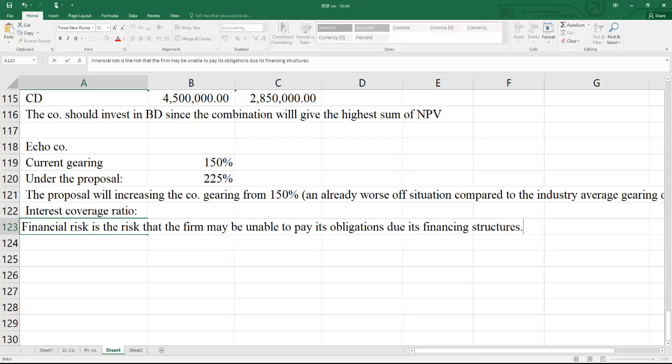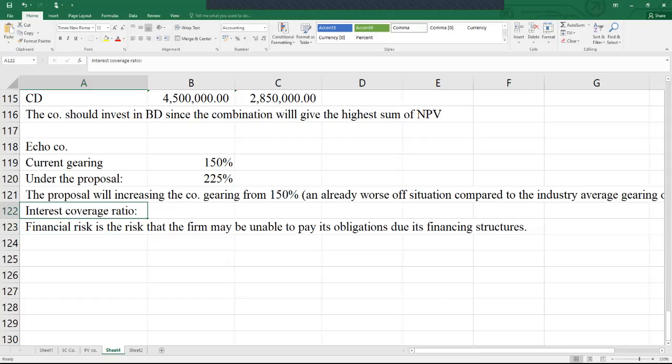One of the measures of financial risk is called the interest coverage ratio. How do you get it?